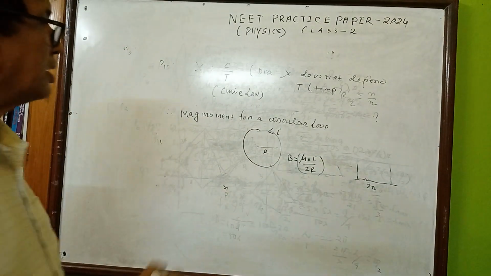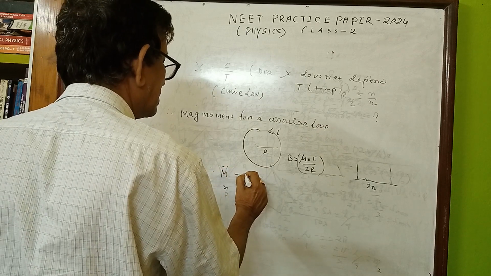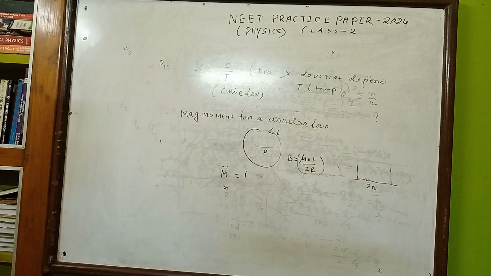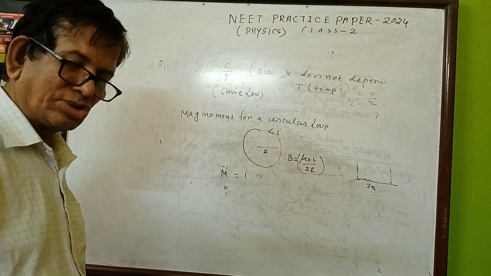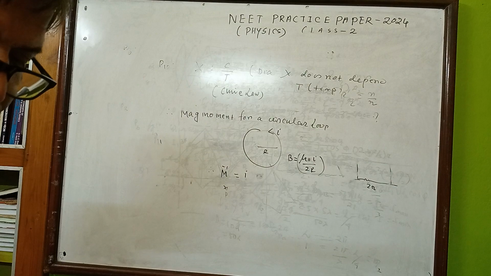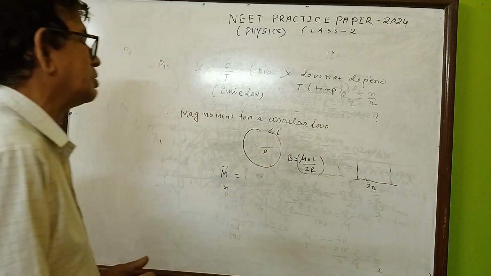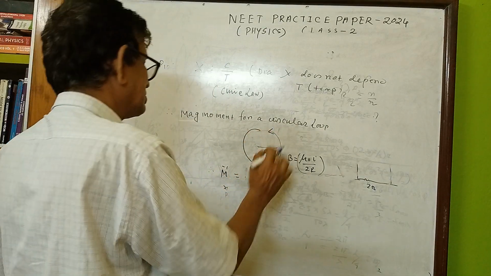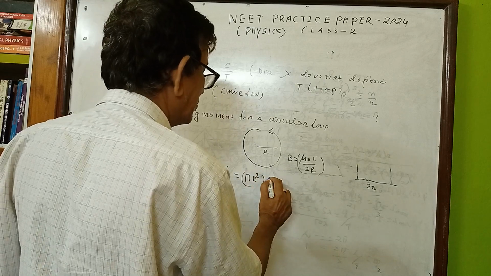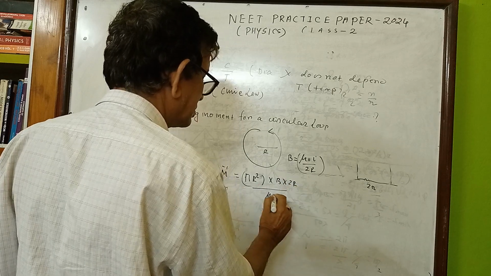Then how can you calculate the magnetic moment? I is not directly known to you, B is given, so M equal to pi r square into I, and I comes as B into 2r by mu naught. Clear?